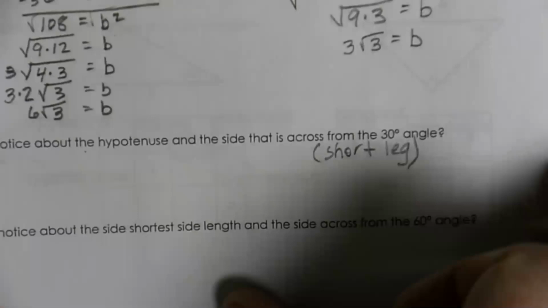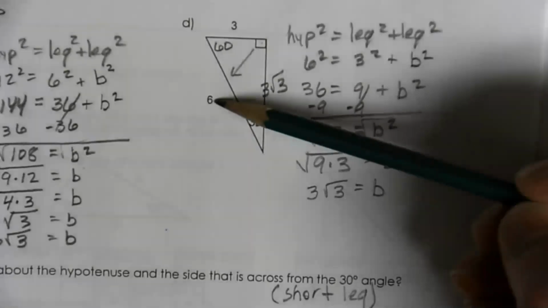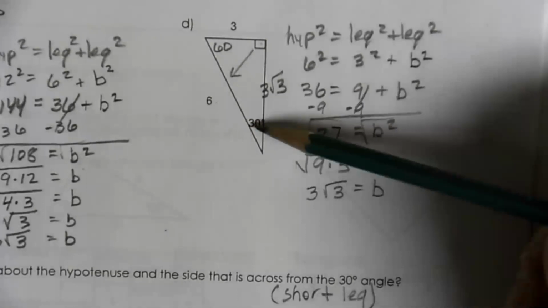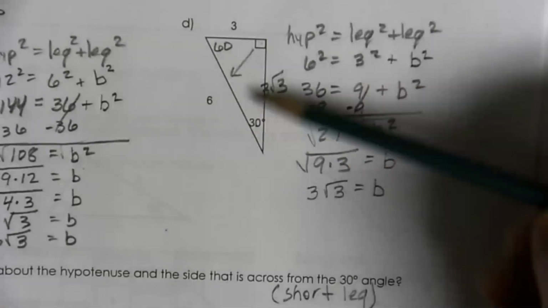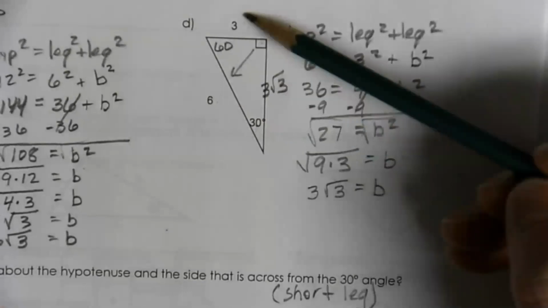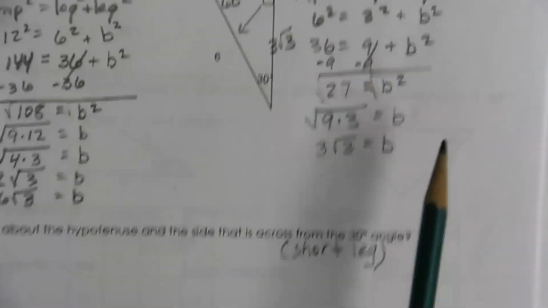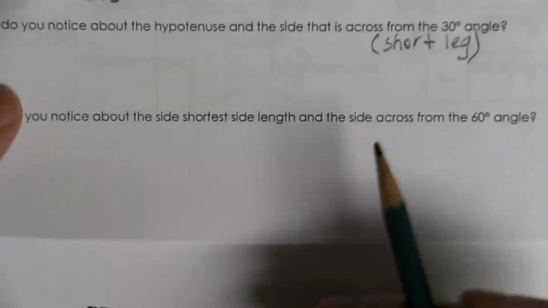I noticed that it's going to be part of the rule, or theorem, I should say. Okay, the hypotenuse and the side across the 30 degrees. What's the pattern we always see? We see that the hypotenuse is twice as long as the short leg. That is a great way to phrase it. That is part of the theorem.